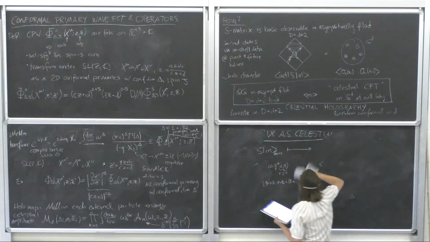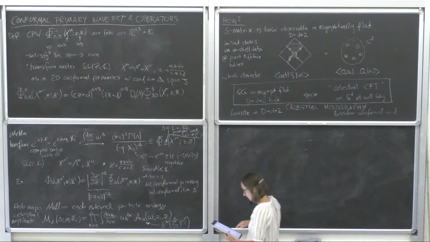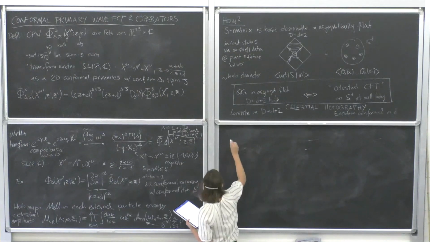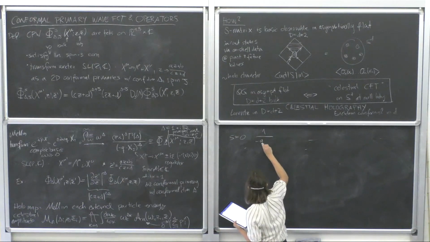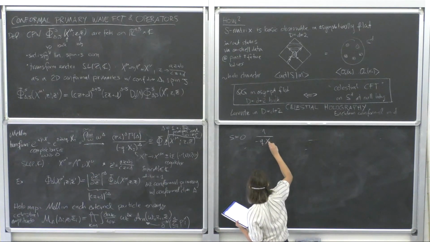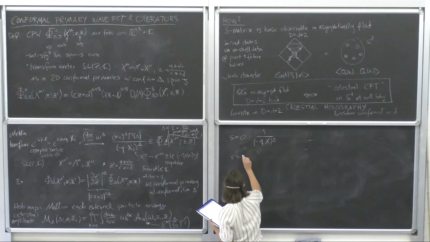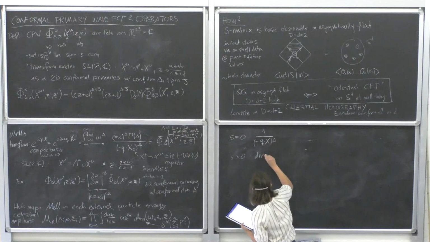And we already discussed the scalar wave function. The scalar wave function was just given by something that looks like 1 over (minus q dot x) to the delta. And then if you want to go to higher spin, we dress with polarization vectors.